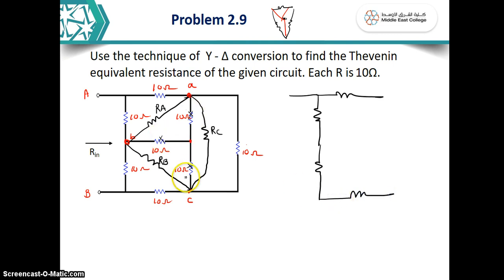Now these 3 resistors will go off, and that is replaced by a delta network between these 2 points A, B, and I marked C, and after that this 10 ohm resistor as such. This is 10, this is 10, this is 10, this is 10, this is 10.